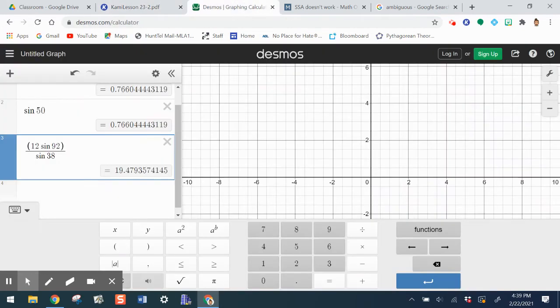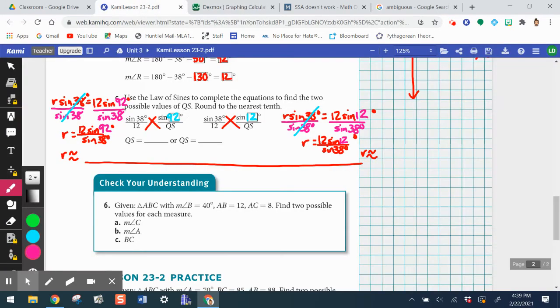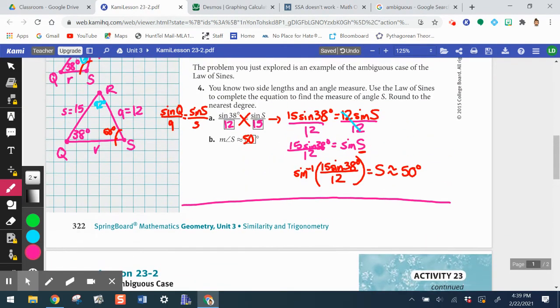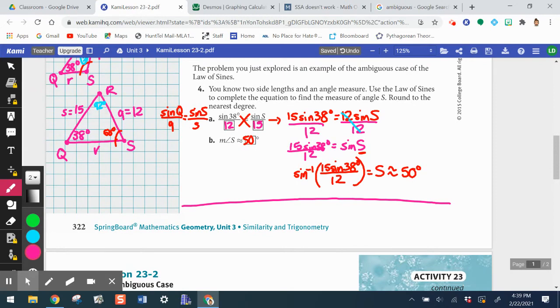They did. And so that 7 is going to round that 4 up to a 5. So the distance is 19.5. I think we're in kilometers. So that's one possibility, and that's if angle R is a 92-degree angle. So if angle R is a 92-degree angle, then the distance from Q to S is 19.5 kilometers.